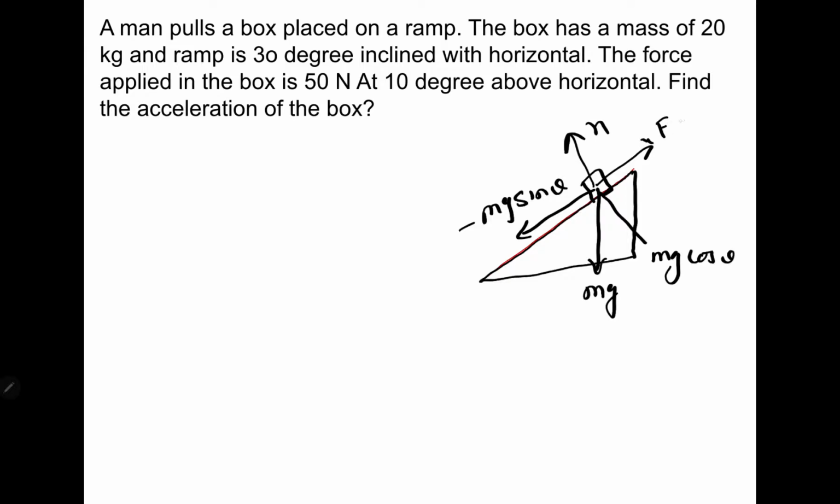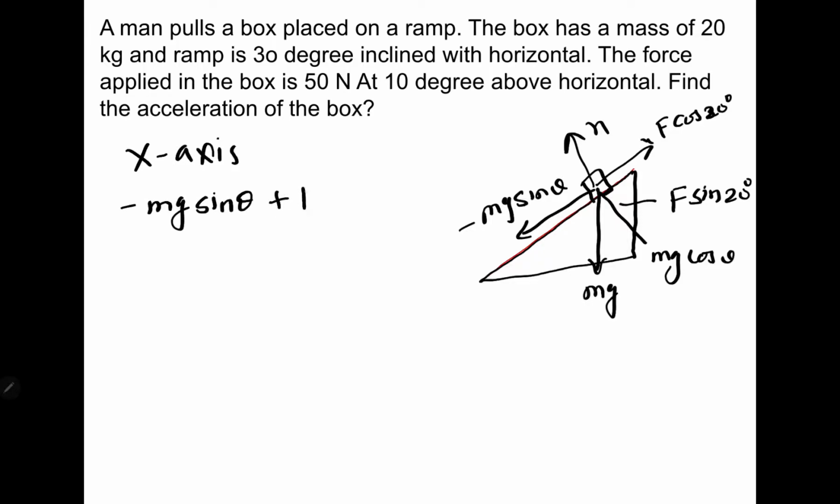So the force F cos 20 degree, and the downward direction was F sine 20 degree, right? So we have two equations. The first equation was along the x-axis, and it was minus mg sine of theta plus F cos 20 degree is equal to max, right?